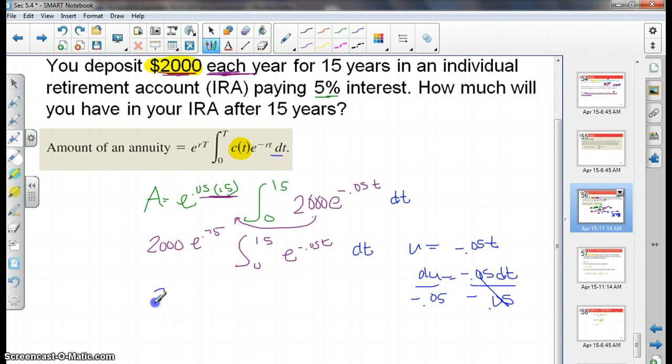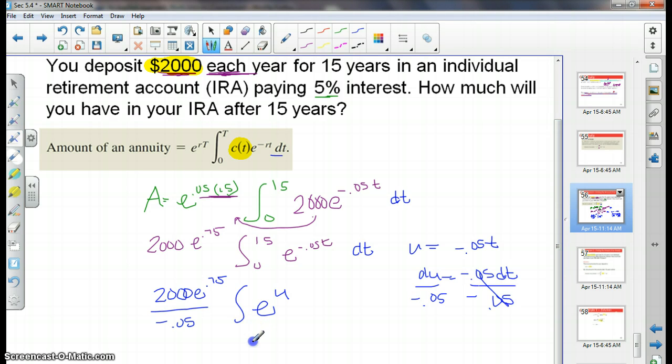So all of this is now 2,000 e to the 0.75. I'm going to bring this constant out front, divided by negative 0.05. I am now integrating e to the u, and we know to integrate e to the u is simply just e to the u.